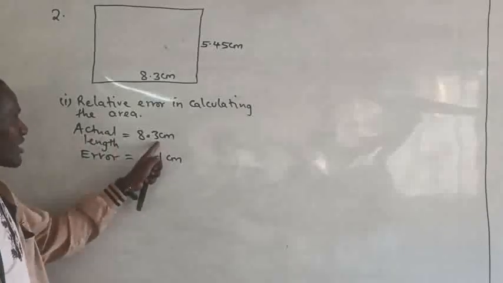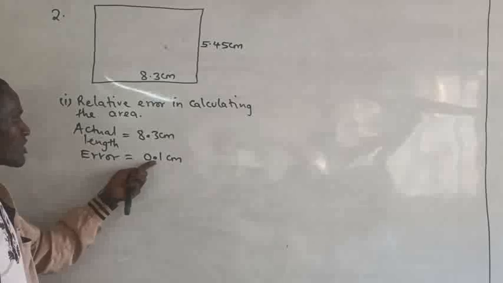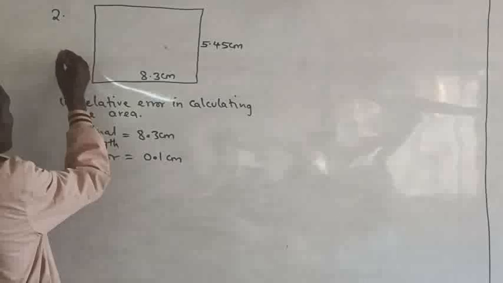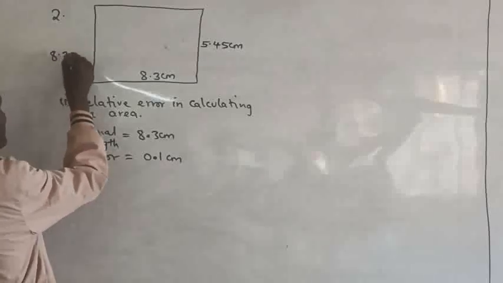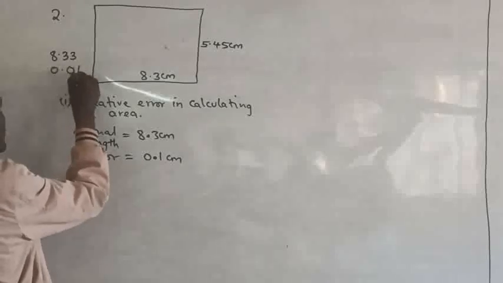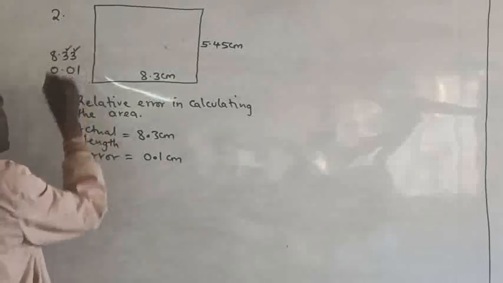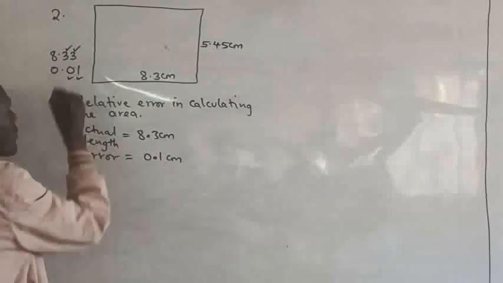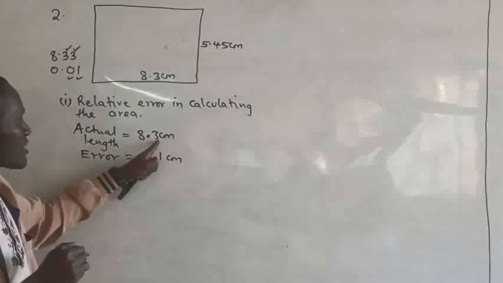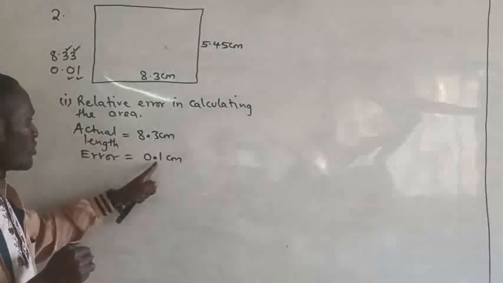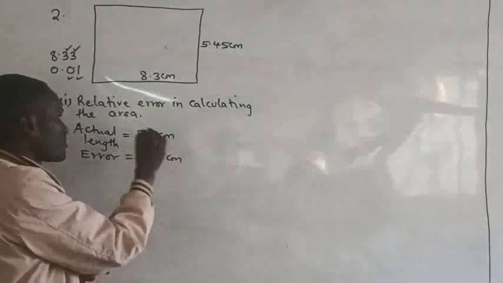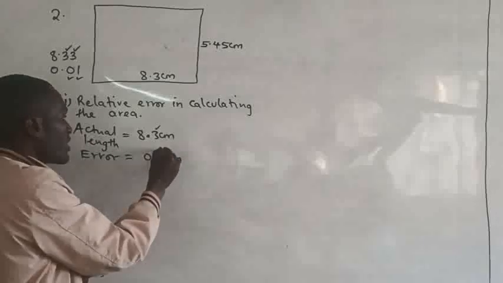If it was maybe 8.33, I would have taken an error of 0.01. So if I have two decimal places, then the error also picks two decimal places. One decimal place in the length, one decimal place in the error.